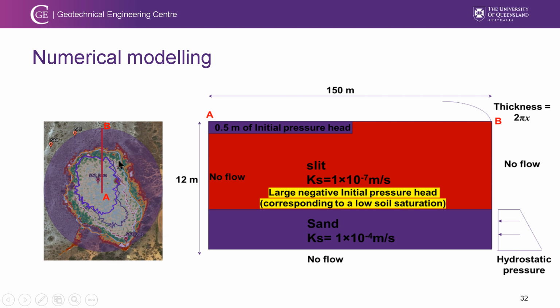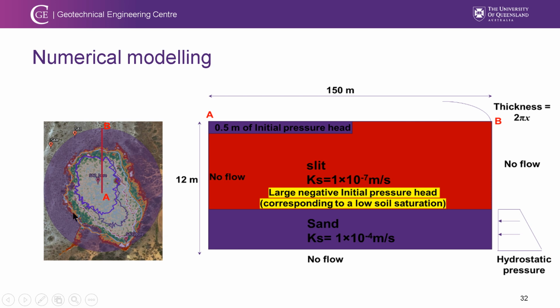One of the important things in using the radial 2D method is that the thickness at each location is equal to 2πx, where x is the distance from any location to A. So let's say if it's here, then x is going to be from where the cursor is to A, and the thickness is 2πx.